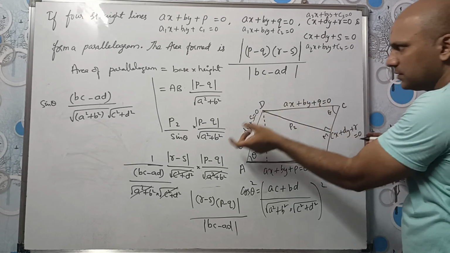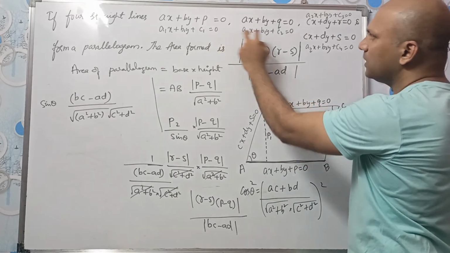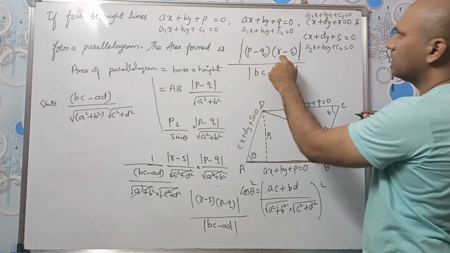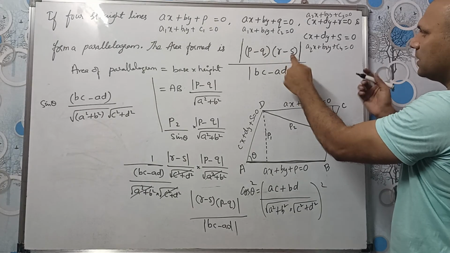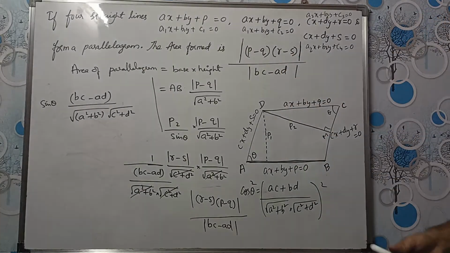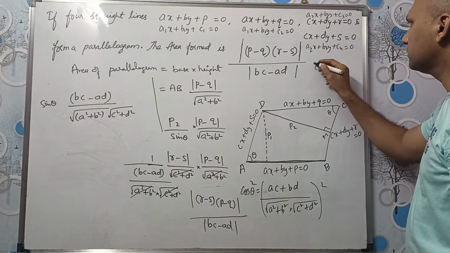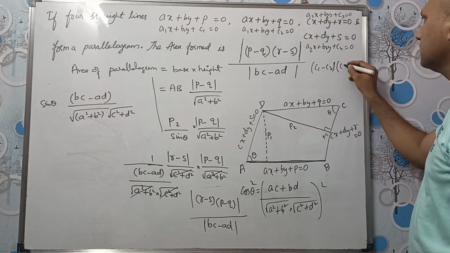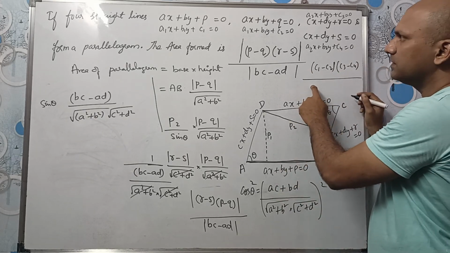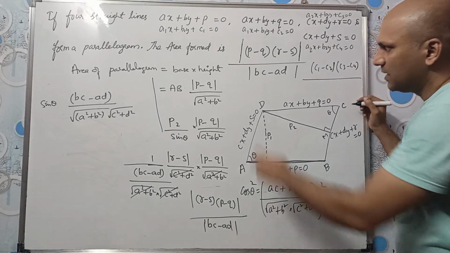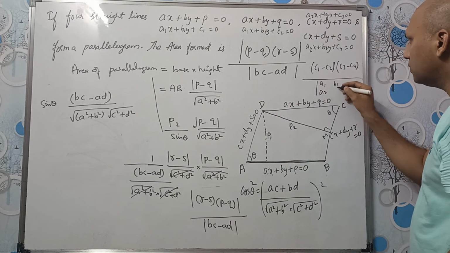In that case, this p minus q, r minus s will become what? c2 minus c1, or c1 minus c2, and this will become c3 minus c4. So this will change to c1 minus c2 multiplied by c3 minus c4, and here this will be the modulus of the determinant of a1, a2, b1, b2.